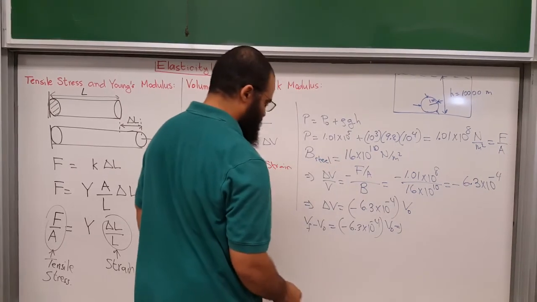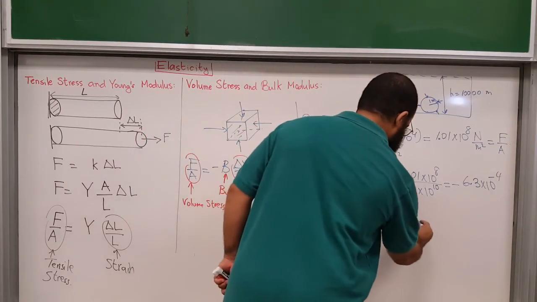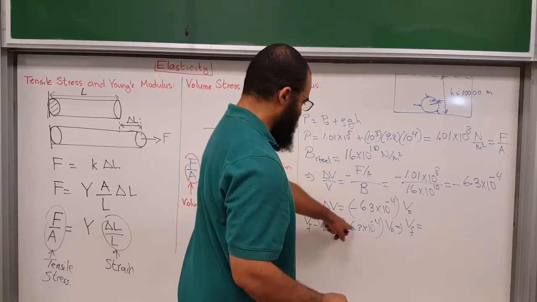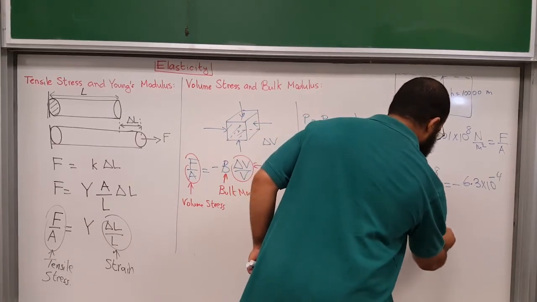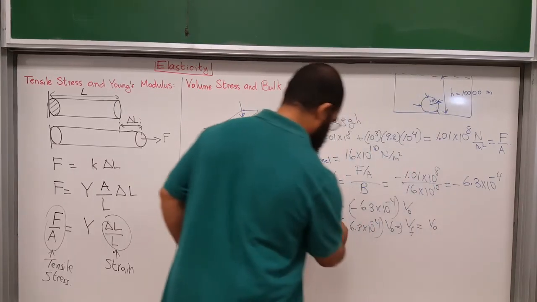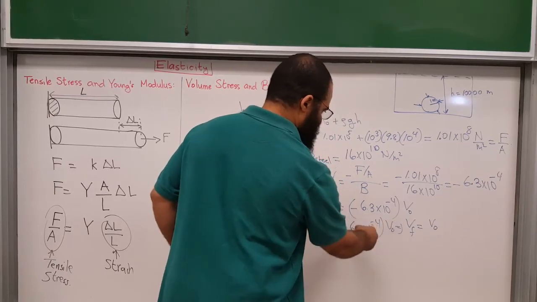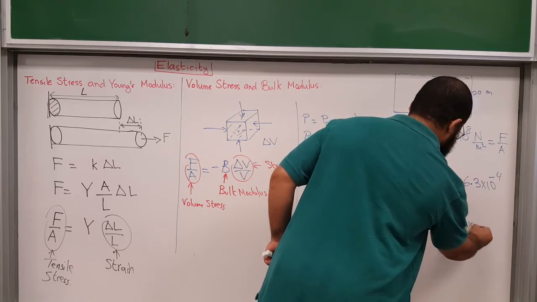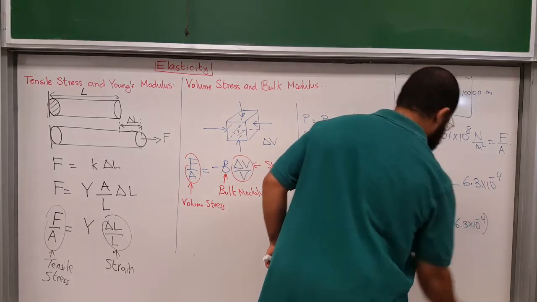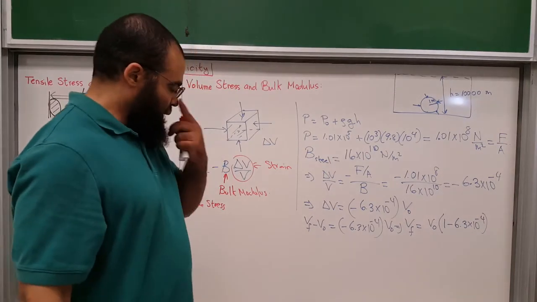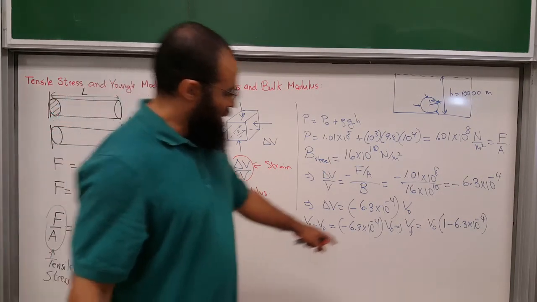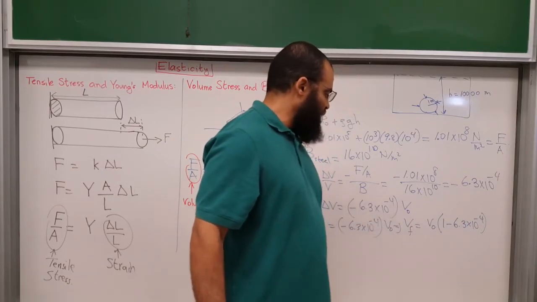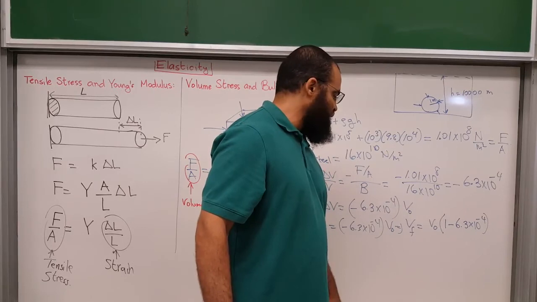And so V final would equal V initial minus V initial times this number. So let me factor the V initial, so it will be 1 minus 6.3 times 10 to the minus 4. And then the final volume will be 4/3 pi r final cubed, and this one is 4/3 pi r initial cubed.